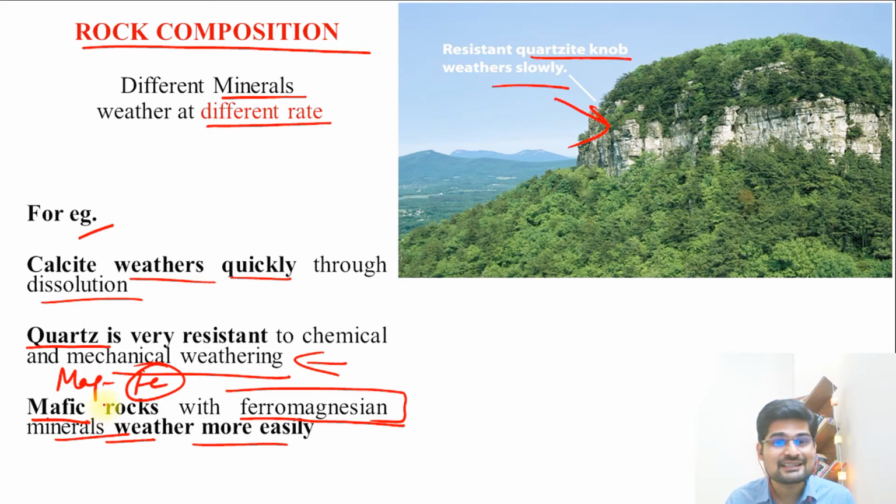Oxygen. They form rust, so corrosion happens, right? So they weather more easily in nature. That's why rock composition is important in terms of its characteristics, like the resistivity, the dissolution factor, and its mineral reacting to air components like oxygen. So that is what is important as a factor of weathering: rock composition.